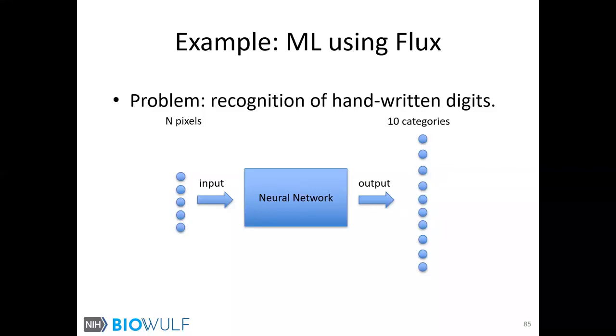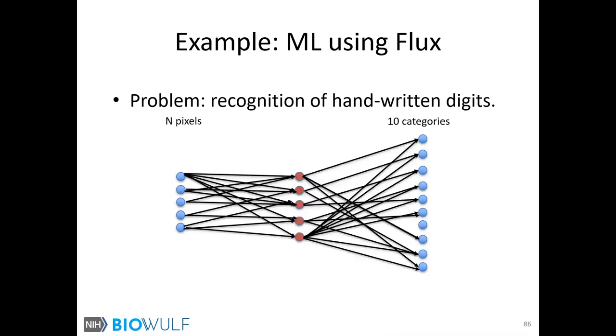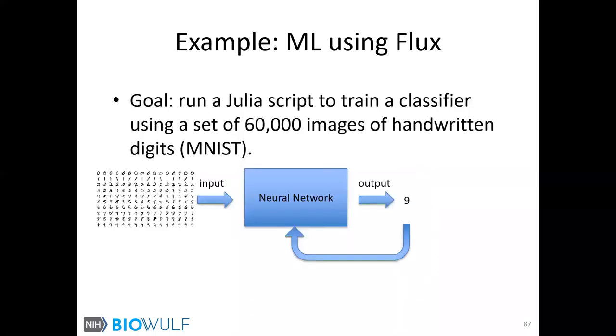We have n number of pixels and 10 possible categories for that number. In the middle, simplistically speaking, is a neural network with a number of weights, and the training, as it's called in neural networks, has to adjust the weights so that the network is able to categorize the numbers after training.